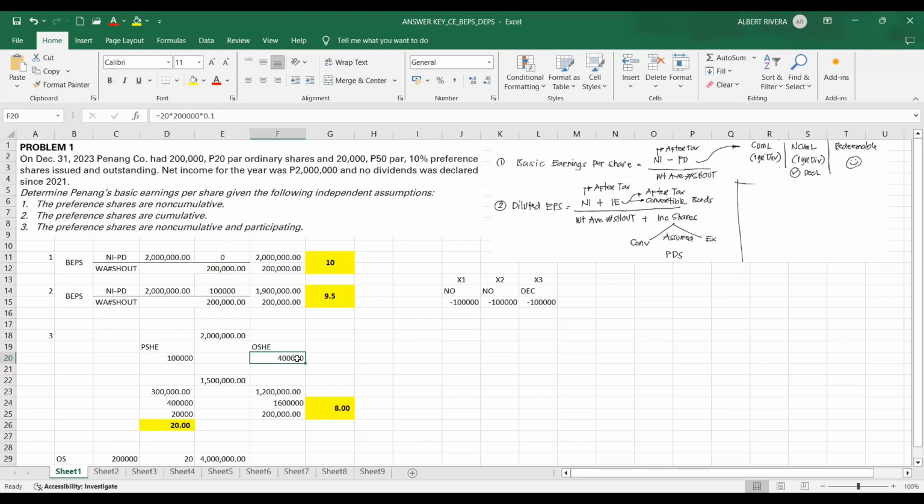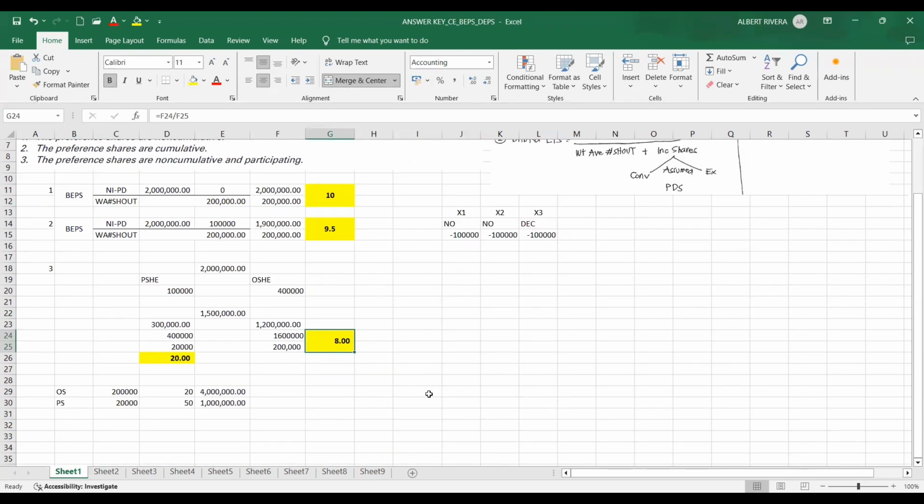Here we have 400,000 and 1.2, the allocated amount. So the total for ordinary stockholders is 1.6, divided by the weighted average number of shares outstanding, which is 200,000. Basic earnings per share for ordinary shares.